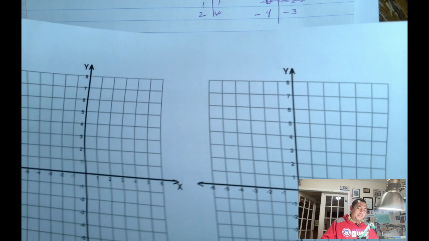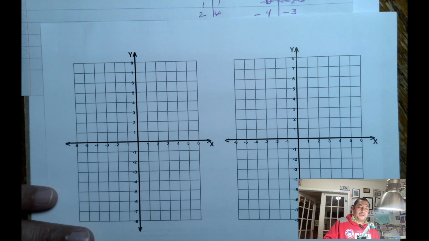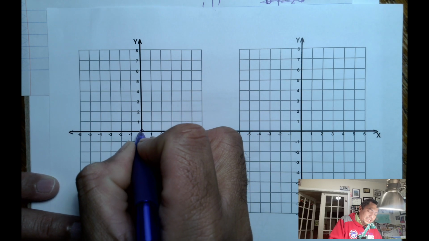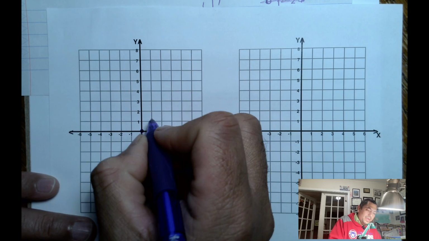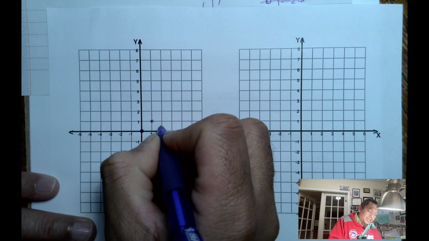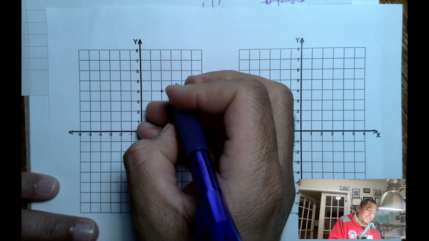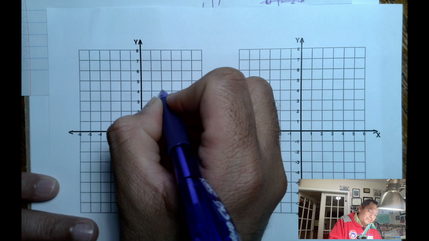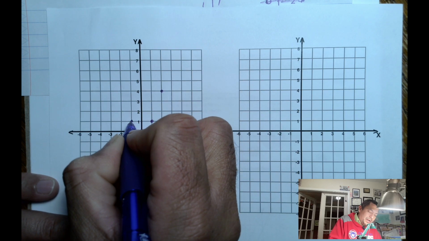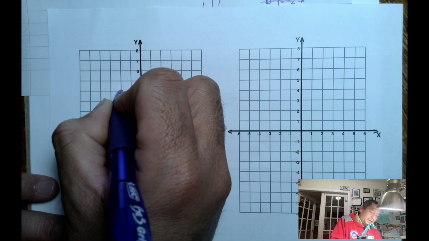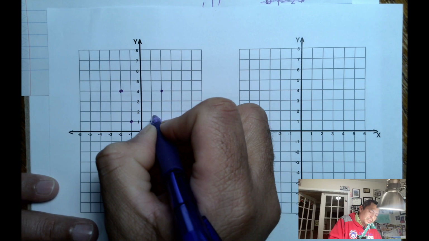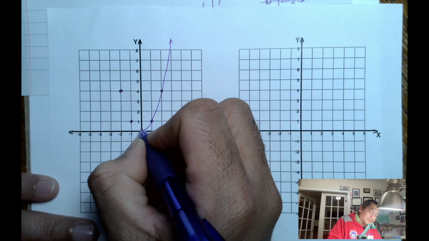So remember that the parent function that we have is y equals x squared. We have 0, we have 1, 1, 2, 4. In this case, that was 2 and 4. Same here, and same here, and this was my parent function.